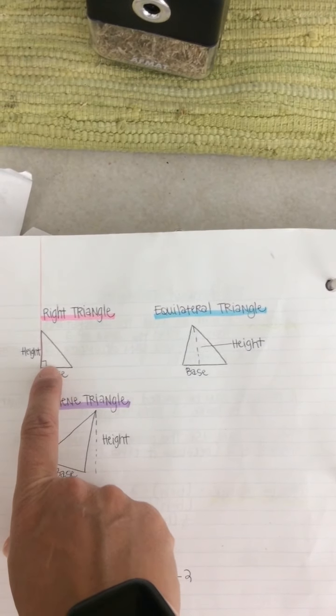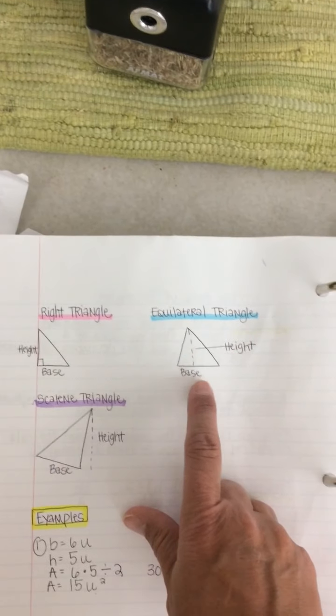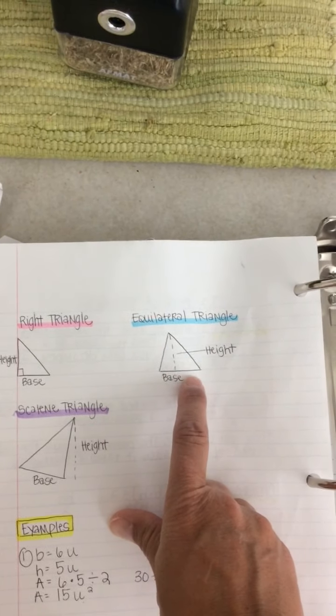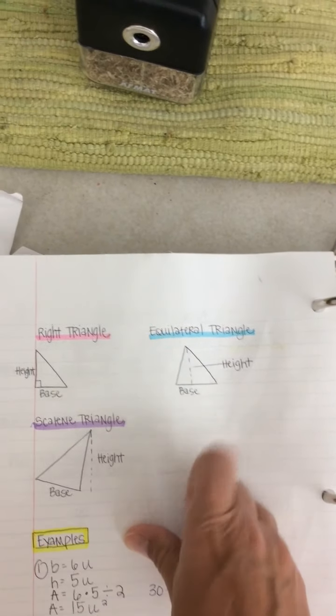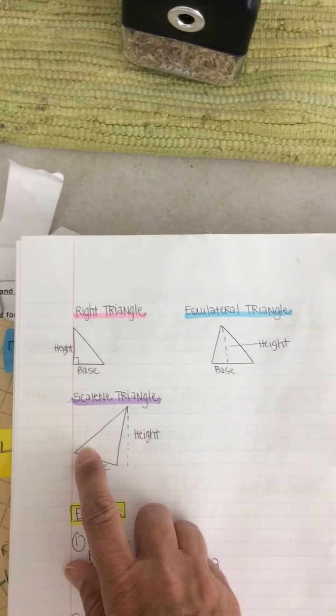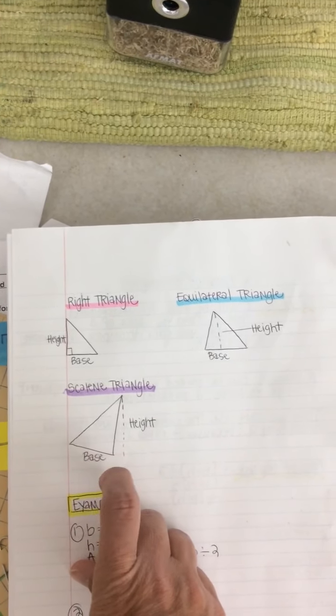A right triangle has a right angle in it, a 90-degree angle. An equilateral triangle has all three sides the same, even though this picture is not very accurate. Yes, you know my artwork, it's not the best. And a scalene triangle means that all three sides are different lengths.